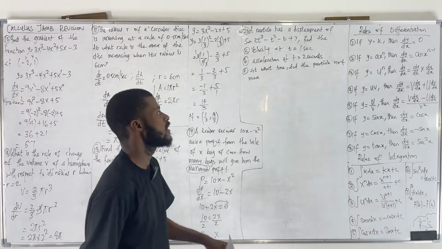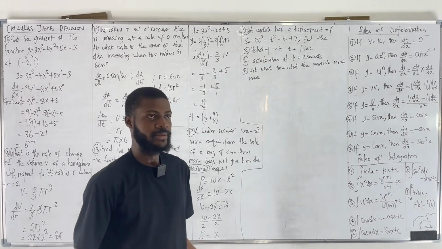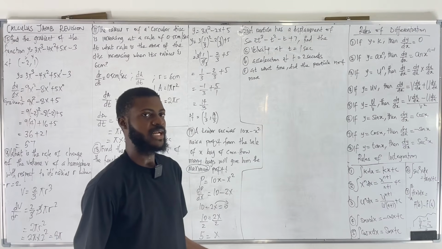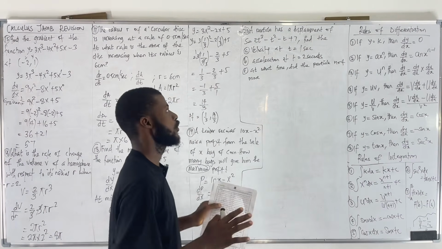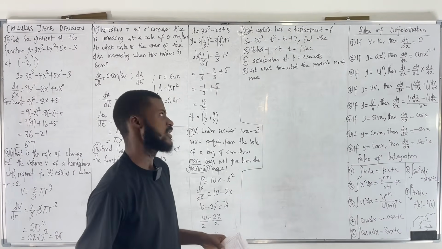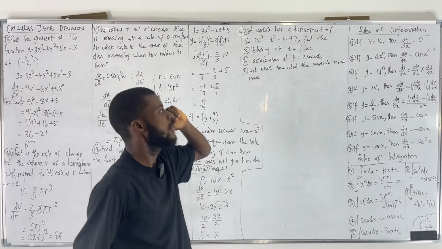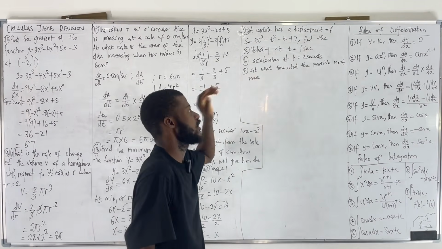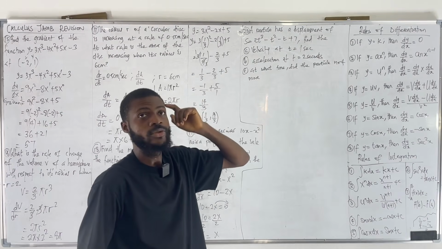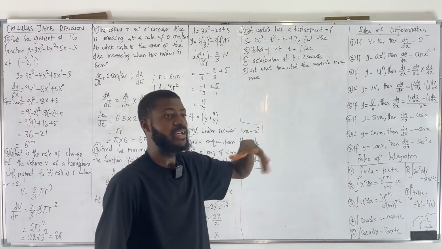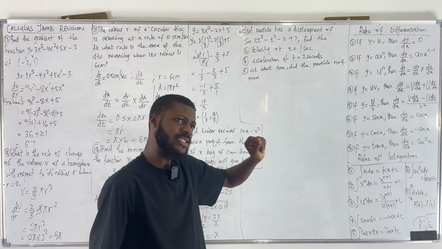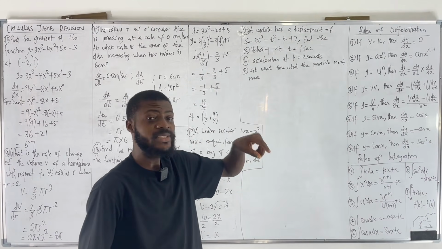Or at what point was the particle stationary? So that's a whole lot of things. So just take note, at what point was it stationary. Always notice that whenever they say at what time was it stationary or not moving, the thing needs to first of all move. So you need to find the velocity. So it's already moving. But then it's going to get to a point and it becomes stationary.